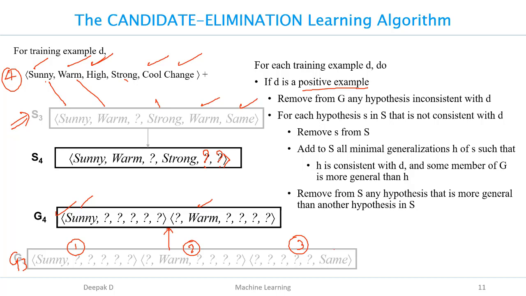Next you have same, but what do you have here? Change. If I go with that, this hypothesis will classify a positive instance as a negative instance. So hence I have removed this hypothesis. Right now my updated set consists of two hypotheses which are consistent with all four instances, and which will classify accordingly. So this is your version space of your candidate elimination algorithm.